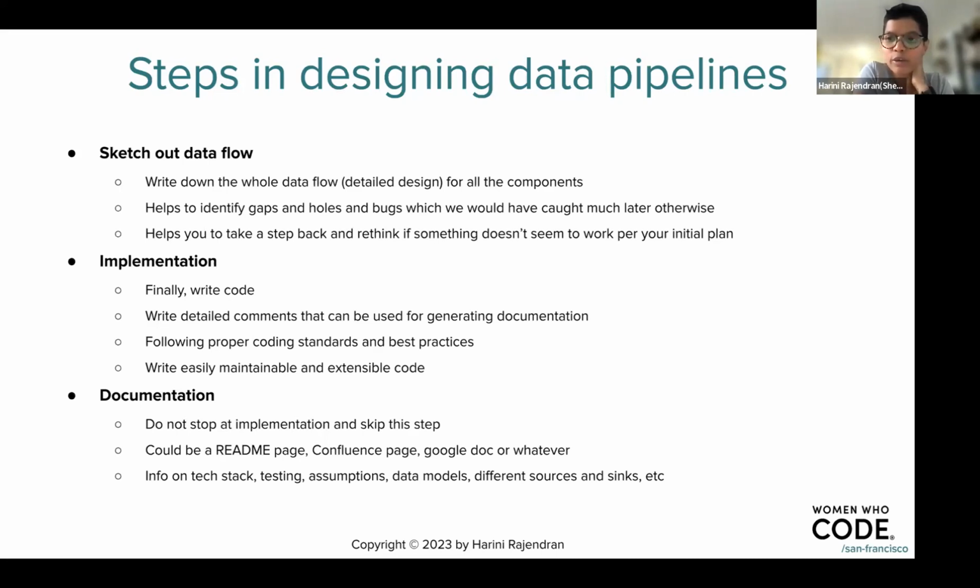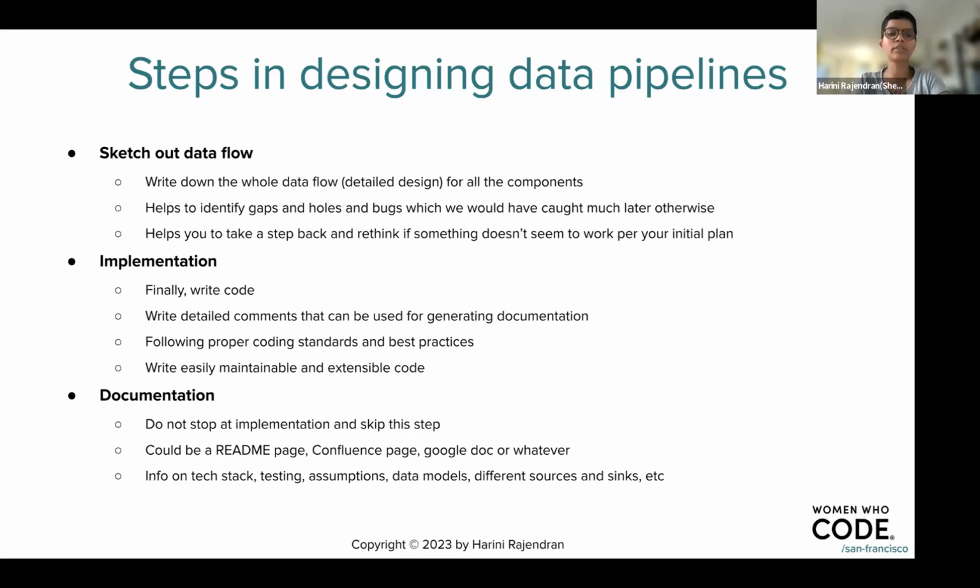Some of the things that you could cover in the documentation could be: what is the tech stack? What is the reasoning behind choosing that tech stack? How to test it, how to deploy or install or build your application? What is the data model? What are the different sources, and things like that. Whatever you think is important information to document somewhere.